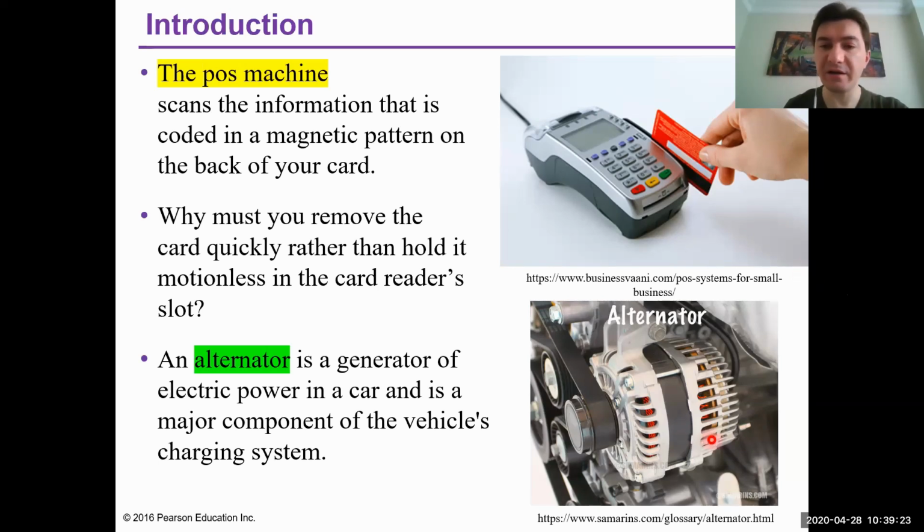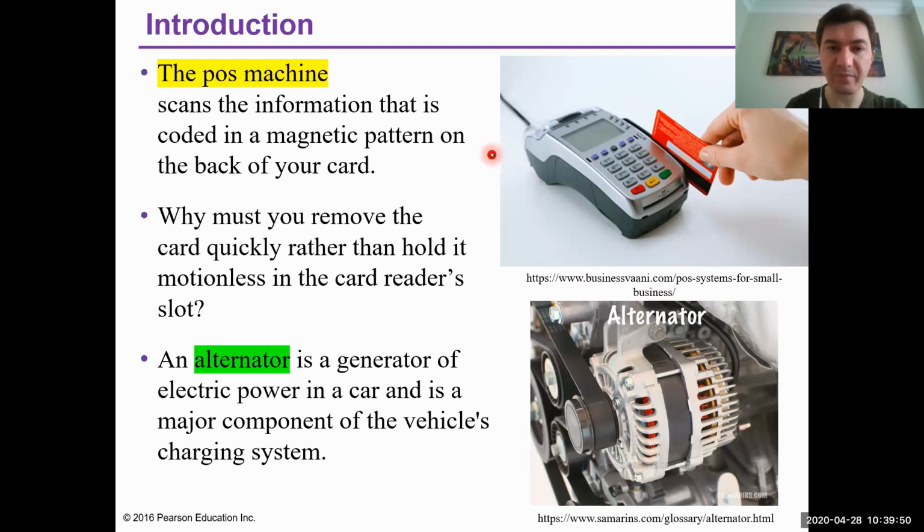And here we see a very common example. This part is present more or less in every car. So this is an alternator, which is a generator of electric power in a car and is a major component of the vehicle's charging system. So what is the working principle of these alternators within the cars?